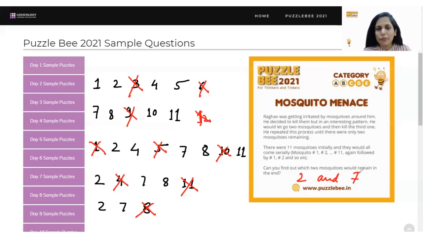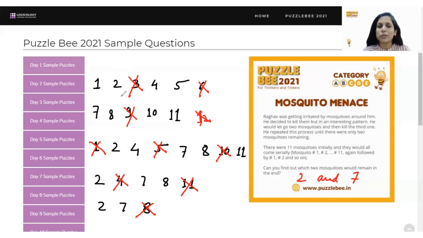Now again I have a follow-up question for all of you here. What if he wanted to kill all the mosquitoes? How many times would mosquitoes have to come nearby so that eventually they all get killed? Any mosquito coming once will get counted as one entry. So my question here is, how many total entries would be required for all 11 mosquitoes to get killed?